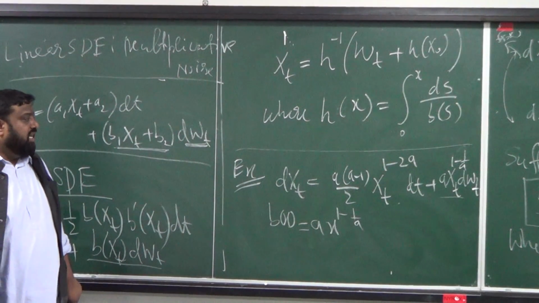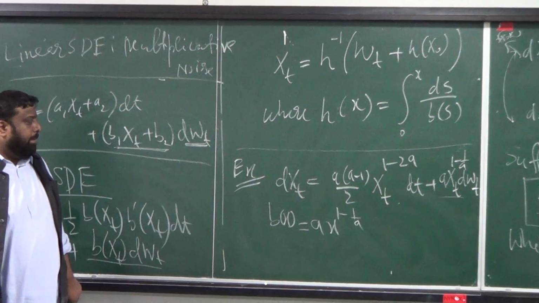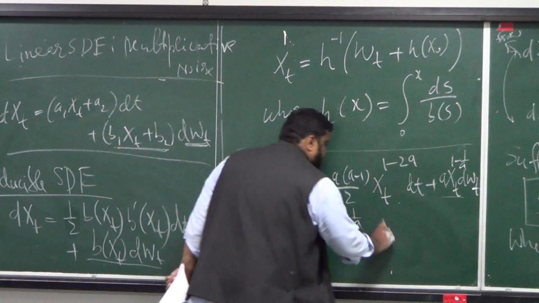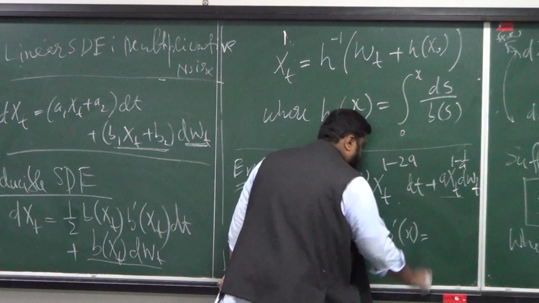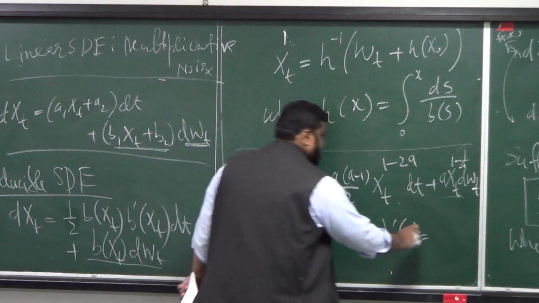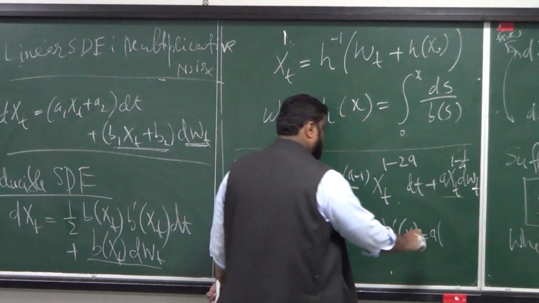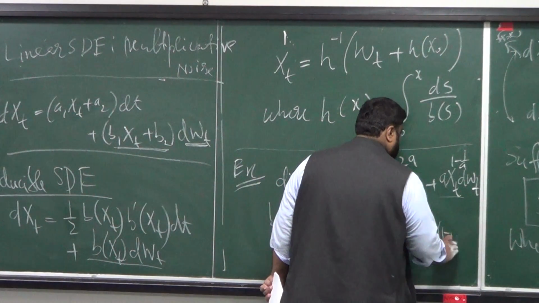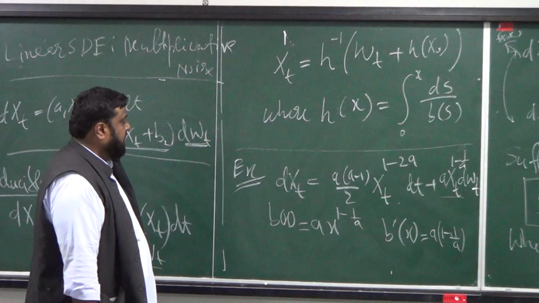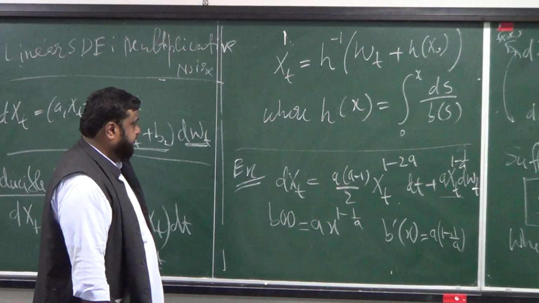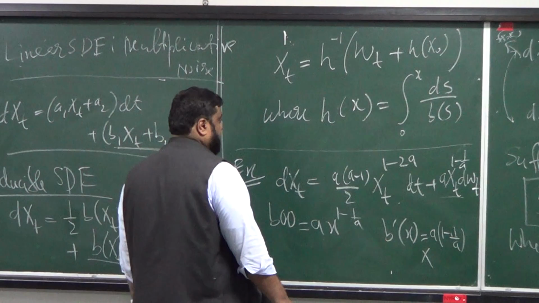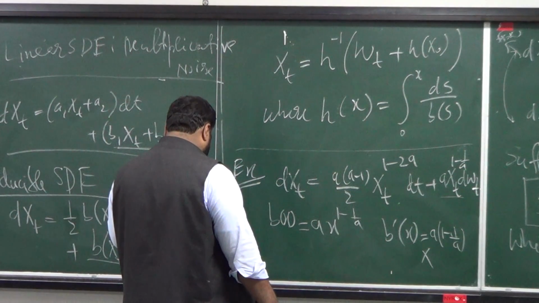And you can see that if you compute b prime of x, it's going to be a times (1 minus 1 over a), and then x raised to 1 minus 1 over a minus 1.